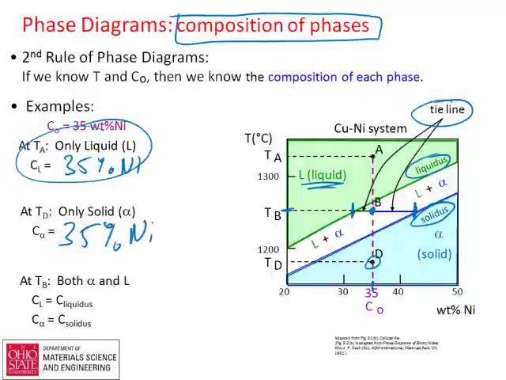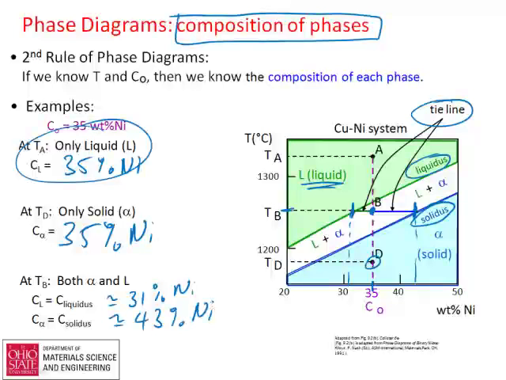And now here at T sub B, the composition of the liquid is the composition at the liquidus, which if we go down here is maybe about 31% nickel. And the composition of the solid is out here, at about 43% nickel.